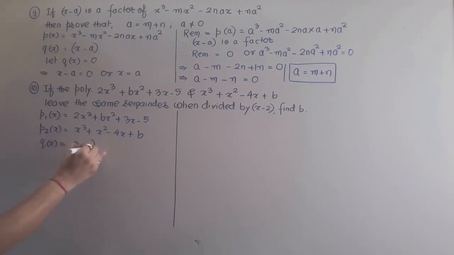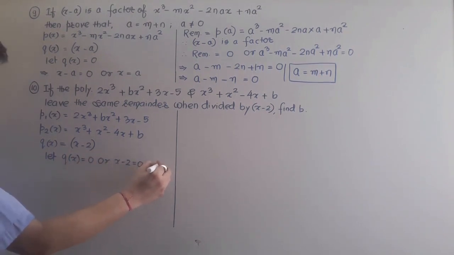Now one by one we shall find out the remainder when P1 is divided by Q and when P2 is divided by Q. Since in both the cases the divisor is the same, first we can equate the divisor to 0. So let Q(x) equal 0, or else I can say x minus 2 equal to 0. And finally, what is the value of x I get here? 2, right?